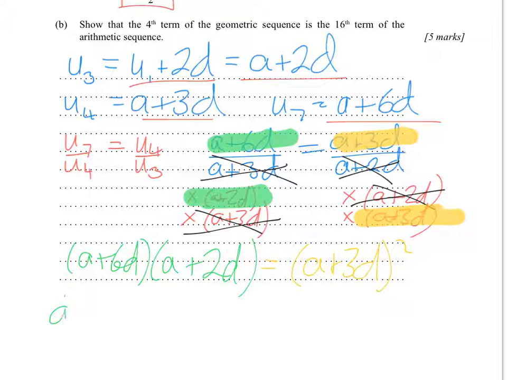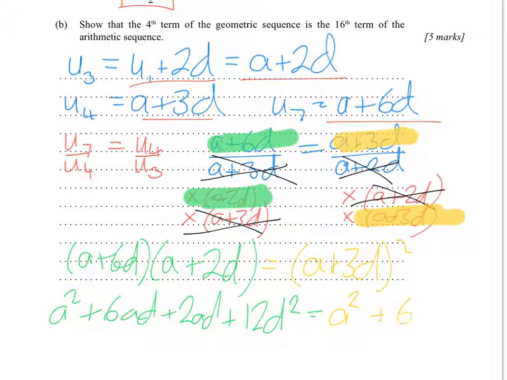I get a squared plus 6ad plus 2ad plus 12d squared is equal to a squared plus 6ad plus 9d squared.